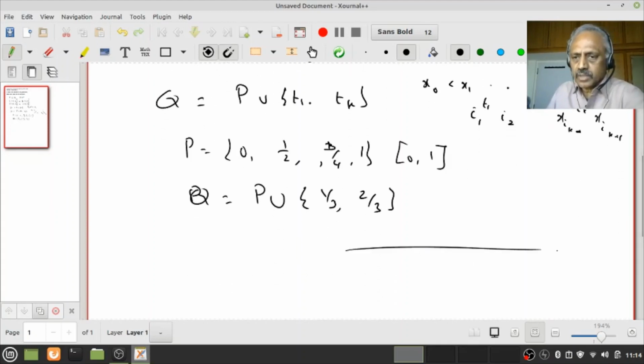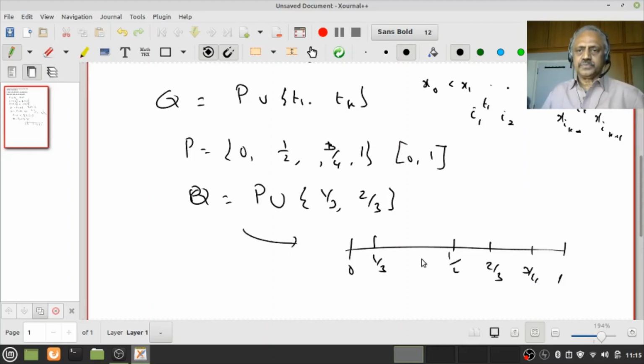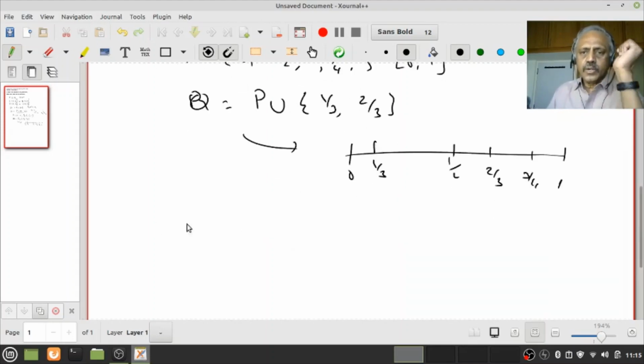You know how to write it now: 0, then 1/3, less than 1/2, less than 2/3, less than 3/4 and 1. This is what we mean by Q. This is a short way of writing in all the textbooks, a very standard practice, but one should understand it.